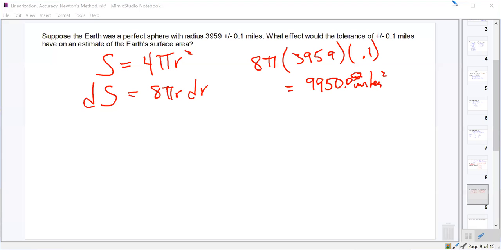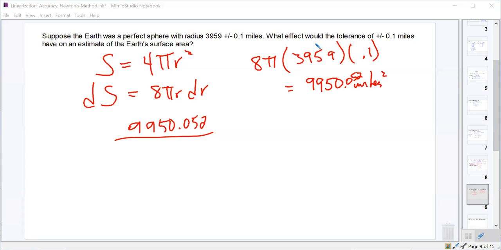What if I asked you what is the relative change then? The relative change should be that value that we just found, right? Our 8 pi r dr is 9,950.052 divided by what we would have actually gotten.